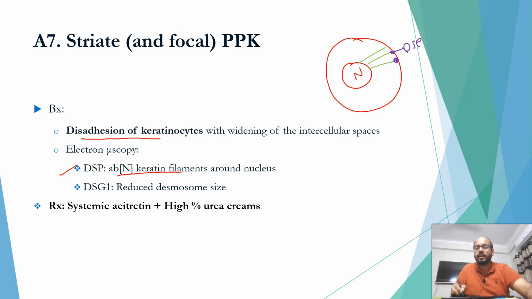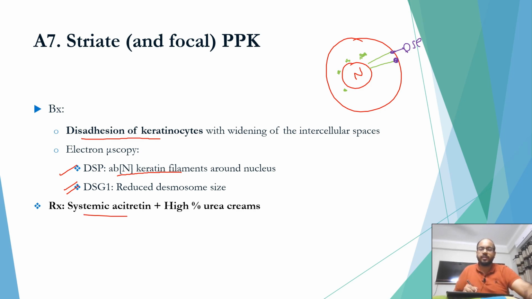If desmoplakin is mutated and not functioning properly, the keratin filaments will get crumpled together here, and that is what you see: abnormal keratin filaments around the nucleus. If desmoglein is mutated, desmoglein is an important part of the desmosomes, so you have reduced desmosome size.